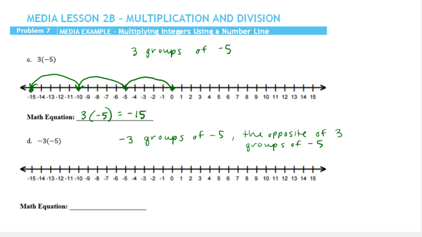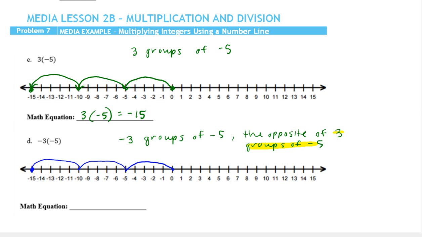So we're going to start with the 3 groups of -5, and notice that's just like the last example, and then after we find that, we're going to take the opposite. So, starting at 0, we take 3 groups of -5. That takes us to -15.